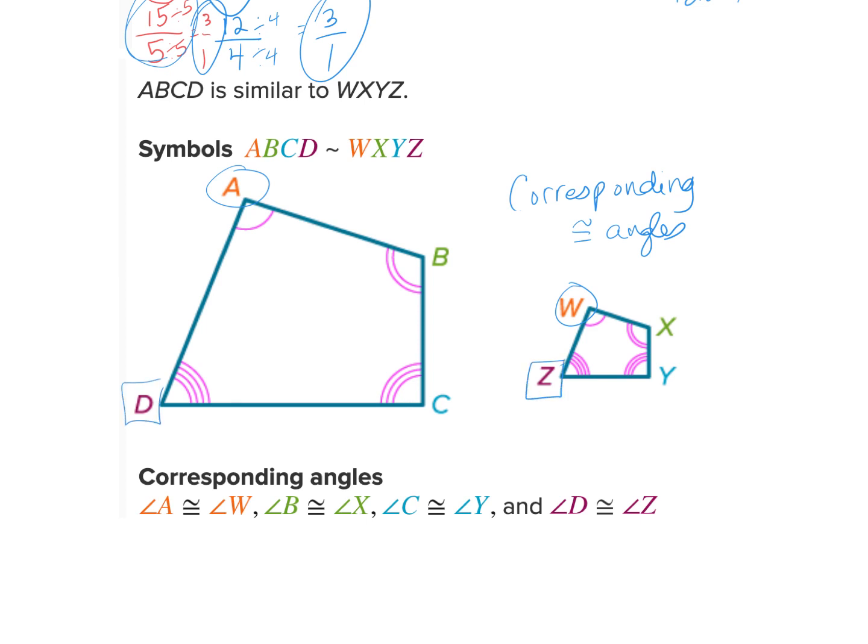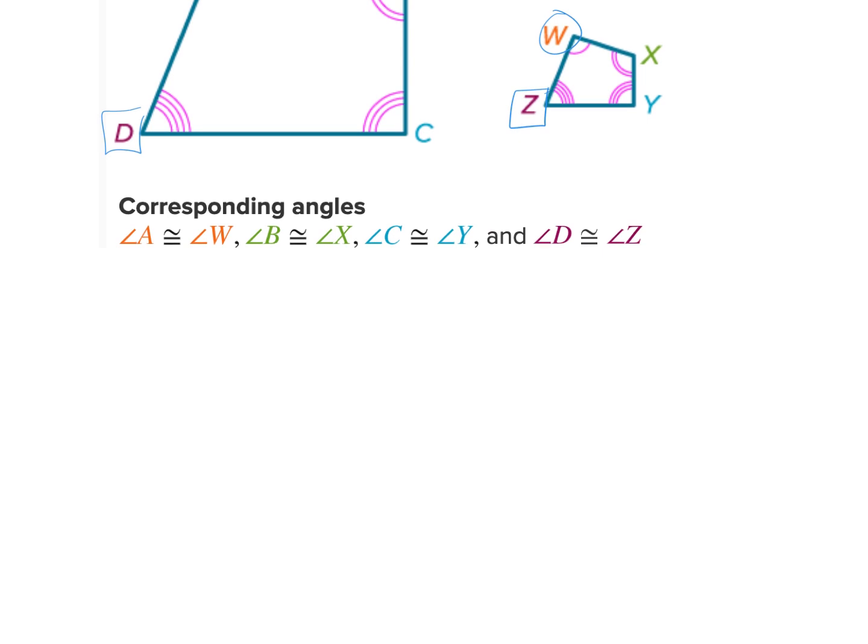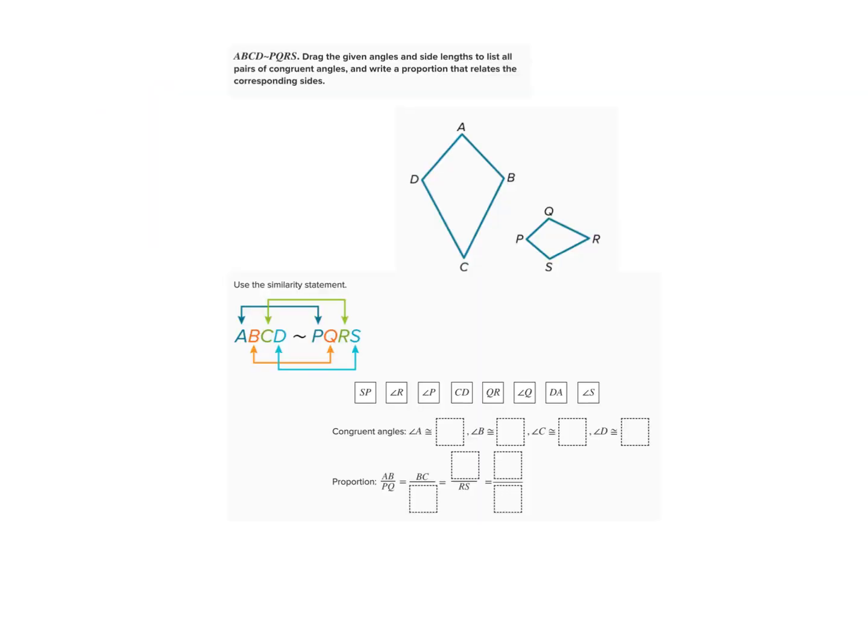So those tell me those are congruent. The number of arcs at the angle tells me which matches and which corresponds congruently. Okay. So let's take a look at the next page.